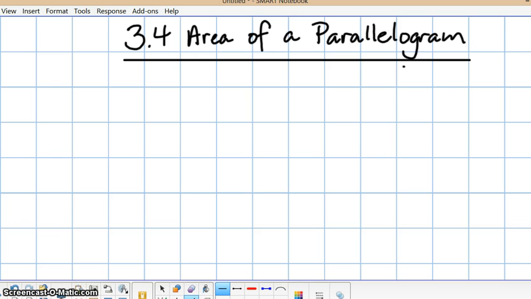Now, I want you to make sure that you are copying the parallelogram on this graph paper as exactly as I do it here on the video.